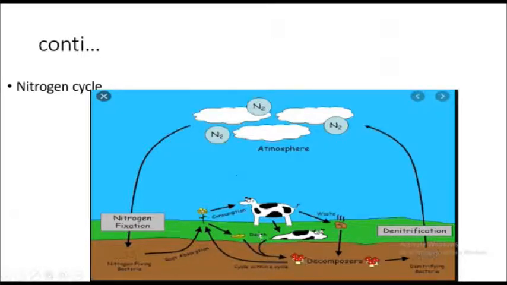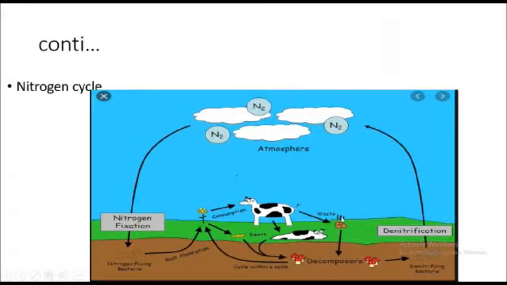This death indicates that the plant is dead, and this animal is dead. Before this animal dies, it excretes, or produces waste substance, which is feces or stool.